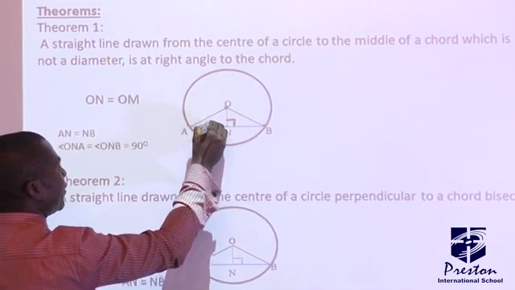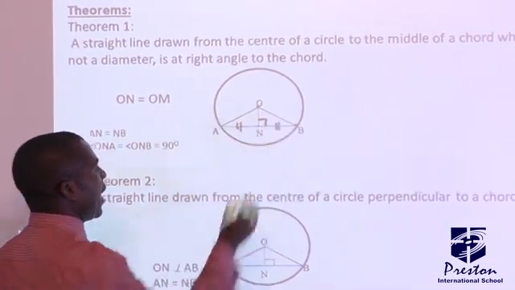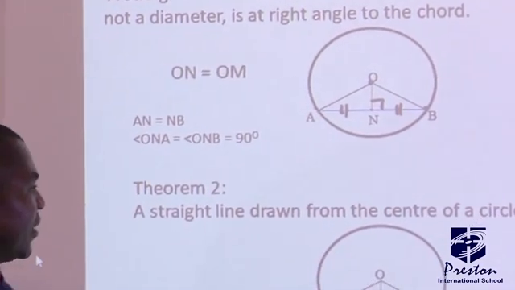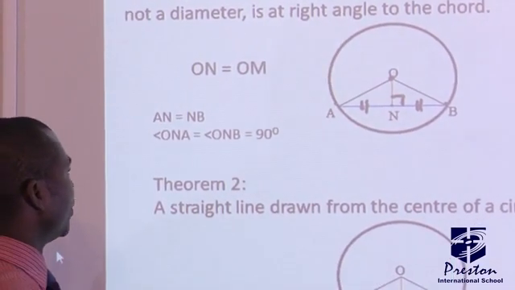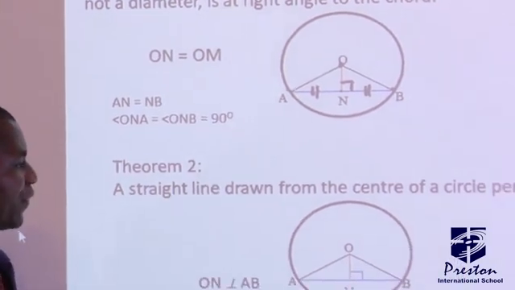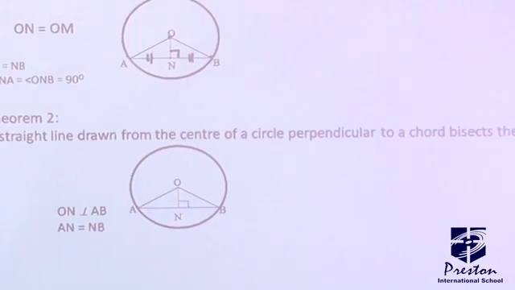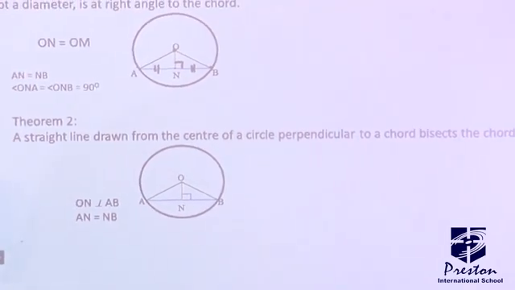Then AN is equal to NB. So the line coming from here to this place gives us what? 90 degrees. Now theorem number 2. A straight line drawn from the center of a circle is perpendicular to a chord and bisects the chord.